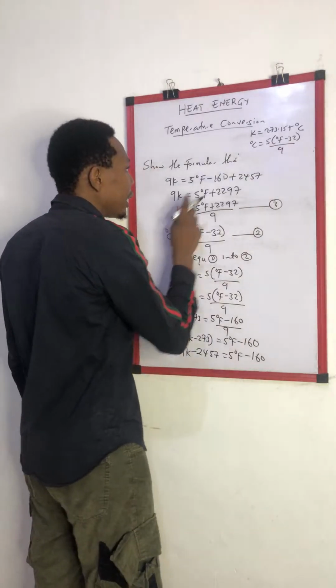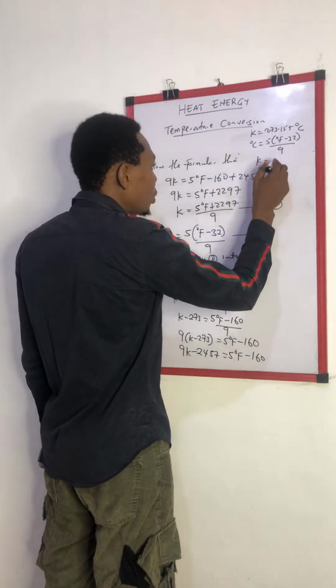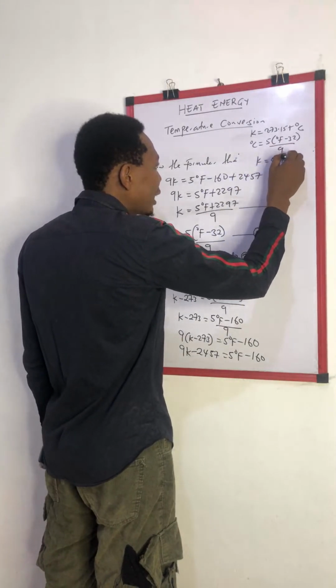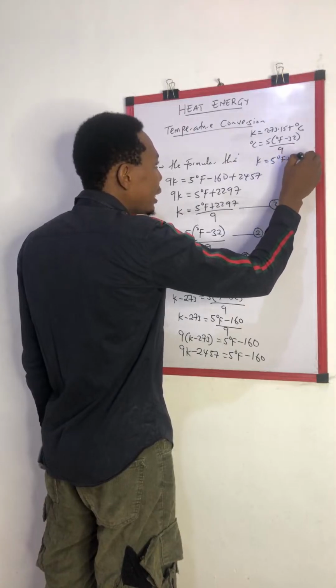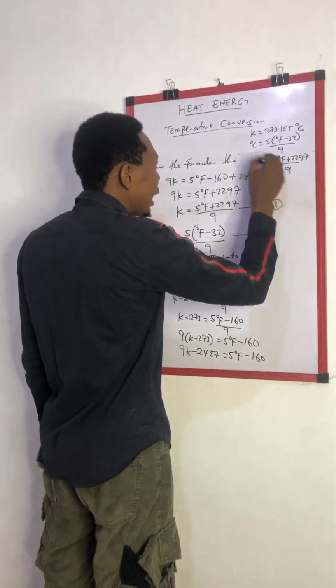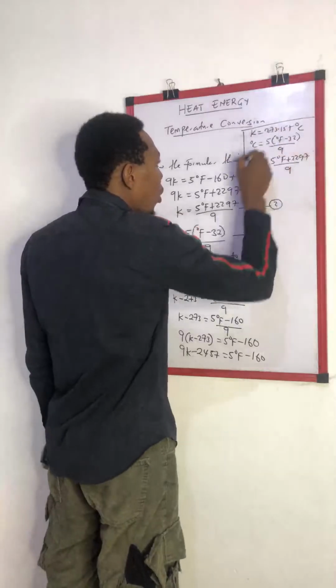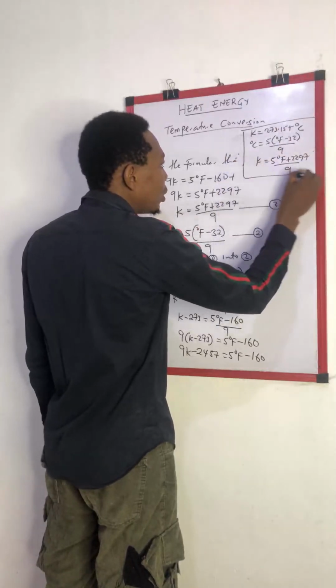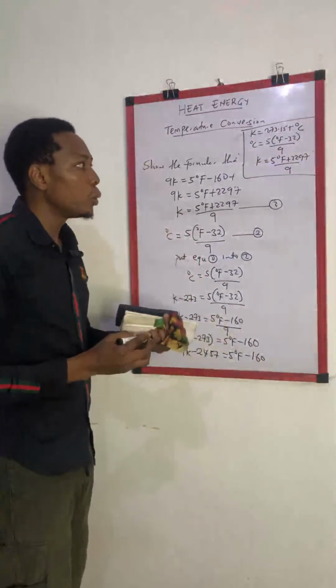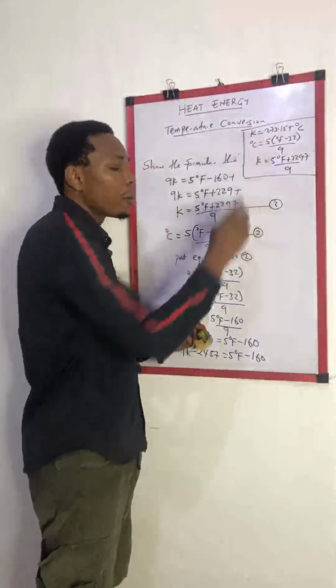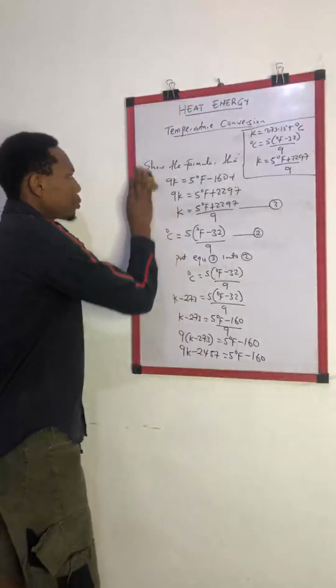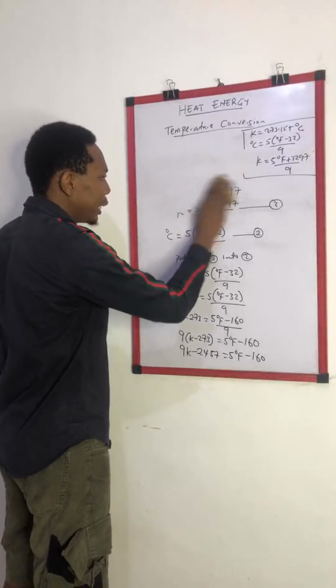So I also gave you now that K is equal to 5 degree Fahrenheit plus 2297 all over 9. So please take note of these formulas. Okay, so what I'm going to do, I'm also going to prove this very word equation because you will also be asked in your exam.